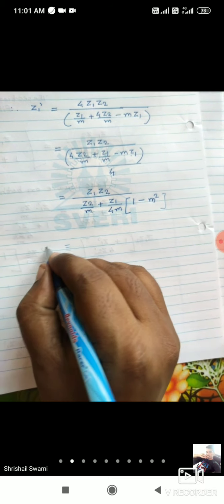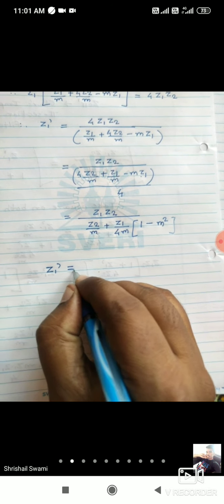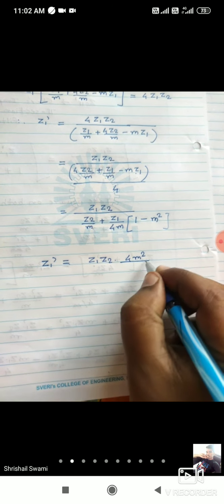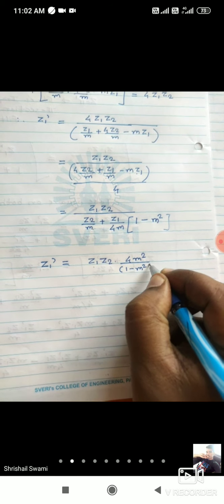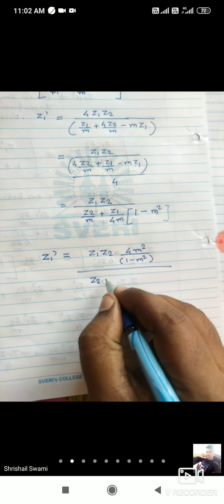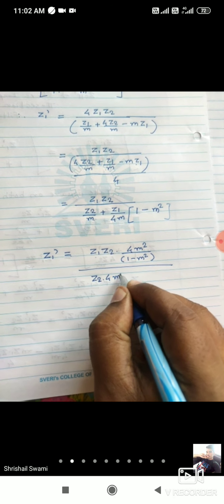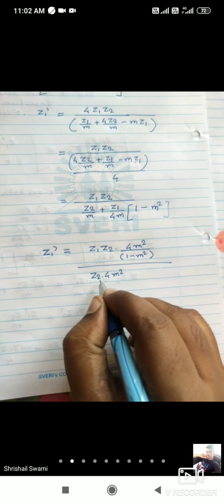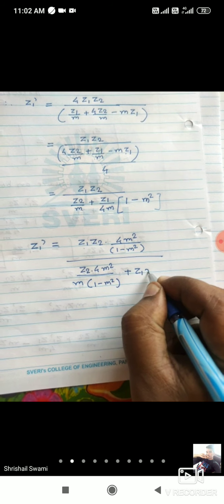here Z1 dash is equal to Z1 into Z2 into 4m square divided by 1 minus m square, divided by Z2 into 4m square divided by m into 1 minus m square plus Z1 into m.